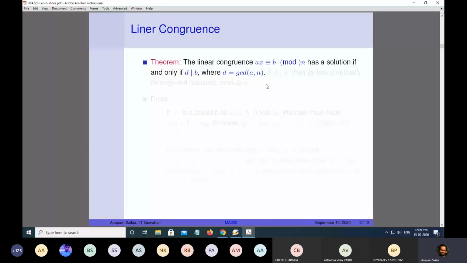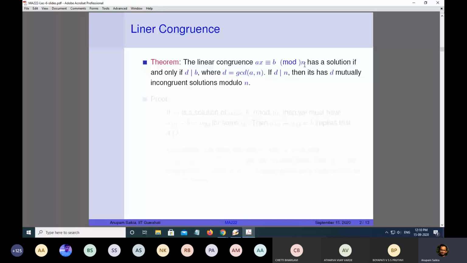So it will have D mutually incongruent solutions, because when we are solving a congruence equation mod N, we need solutions modulo N. Suppose we want to solve modulo 6. Then for us 1 and 7 will be the same.